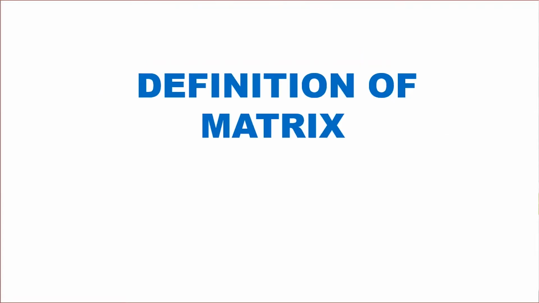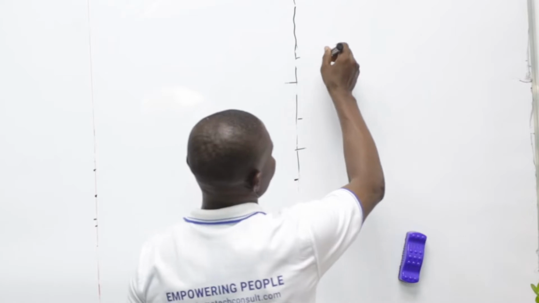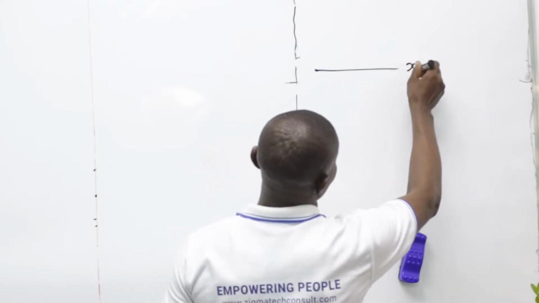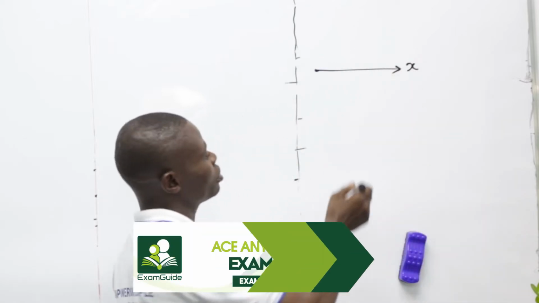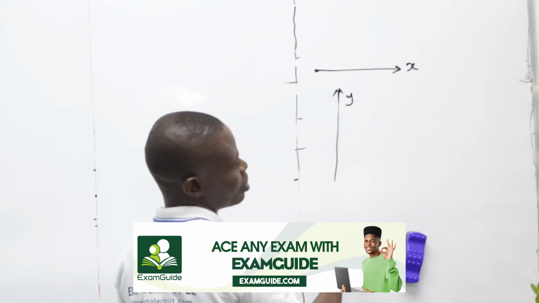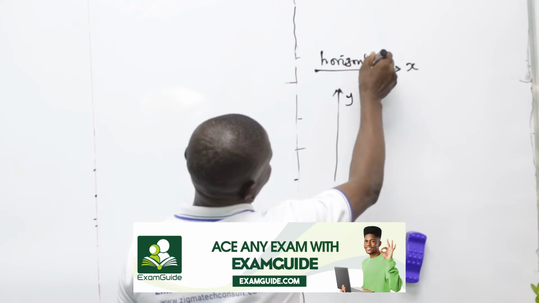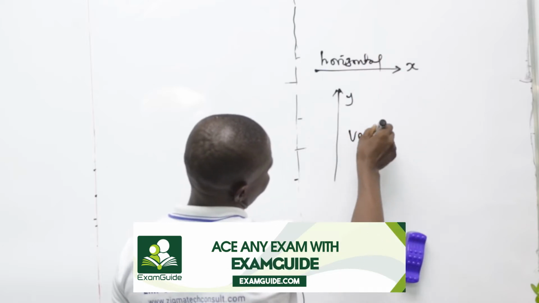Now, definition of a matrix. A matrix is just a rectangular array in which numbers or elements are arranged in rows and columns. When we talk about the rows, simply the x-axis, that is the horizontal line, while the columns are the vertical axis. Horizontal, then vertical.